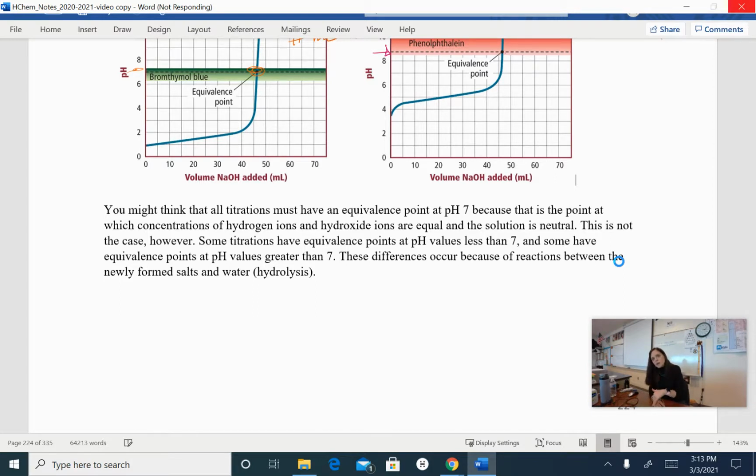That's when we have a strong base with a weak acid. These differences occur because of the reactions between newly formed salts and water, hydrolysis. We've already talked about hydrolysis, and you understand why those reactions happen. So this is just a little bit of quantitative neutralization and how we can figure that equivalence point out with either the pH or a color indicator.